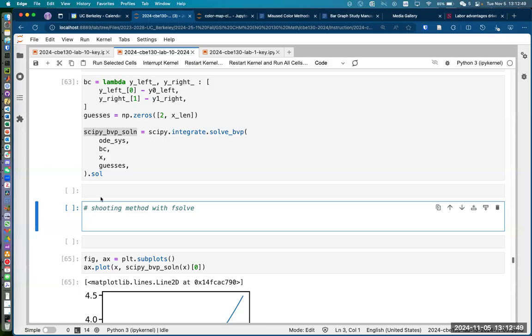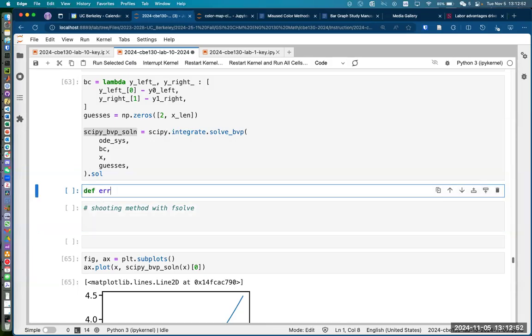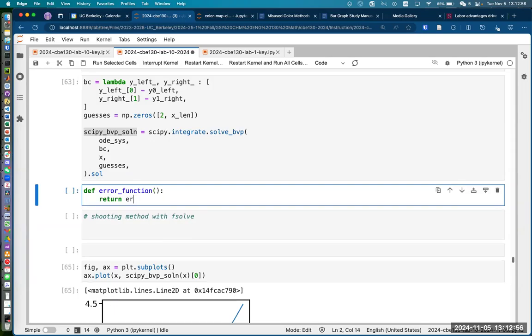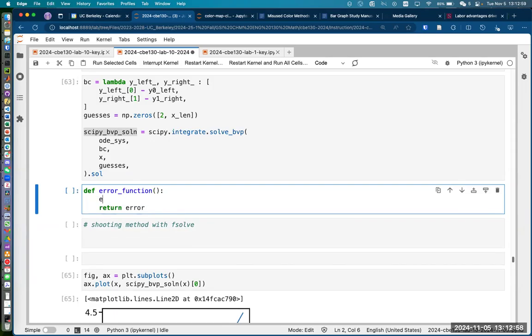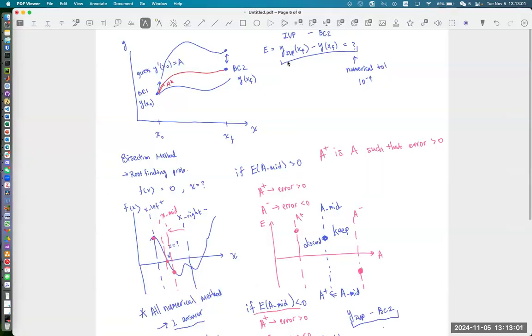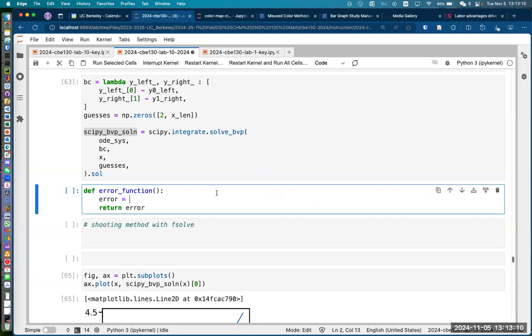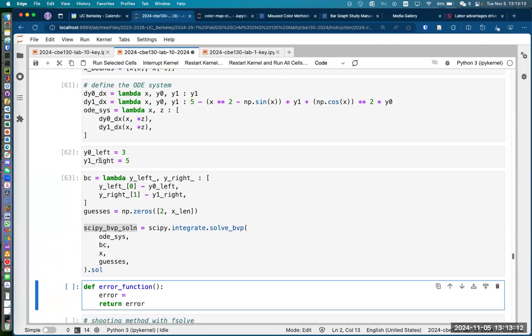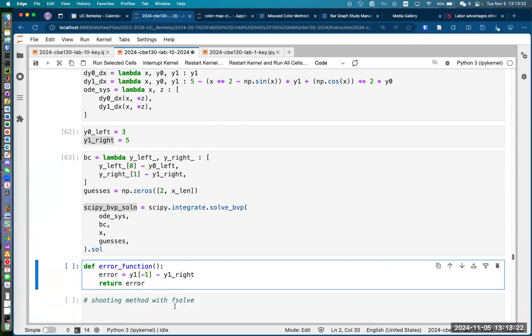So we need to define an error function. It will return the error. And the error will be equal to the result from the solve IVP with the boundary condition on the right. And the boundary condition on the right here is y1 right. So it will be the result y1 at the last element minus y1 right will be the error.